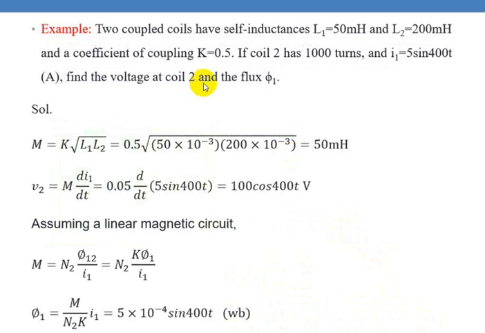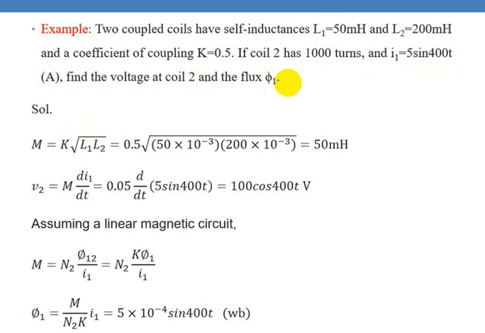Next problem. Two coupled coils have self-inductances L1 equal to 50 millihenry and L2 equal to 200 millihenry, and a coefficient of coupling K equal to 0.5. If coil 2 has 1000 turns and I1 is 5 sin 400t ampere, find the voltage at coil 2 and flux. I think you have understood this problem.